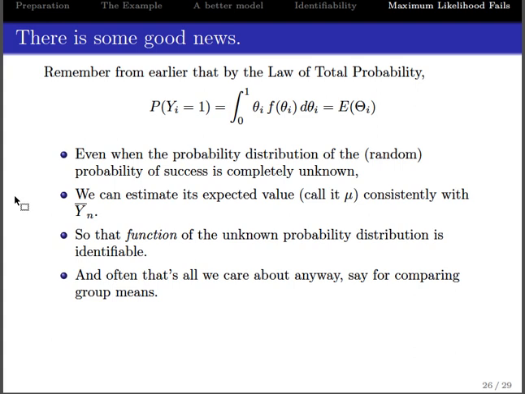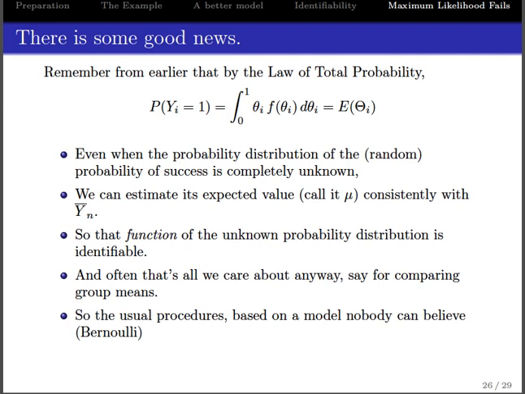Mostly what we care about, say for comparing group means under different treatments, you might not be that interested. Well, of course you would like to know exactly what the probability distribution of ability is, but if you could recover average ability, that's a gain. And for many purposes, it would be all that we would really need to know.